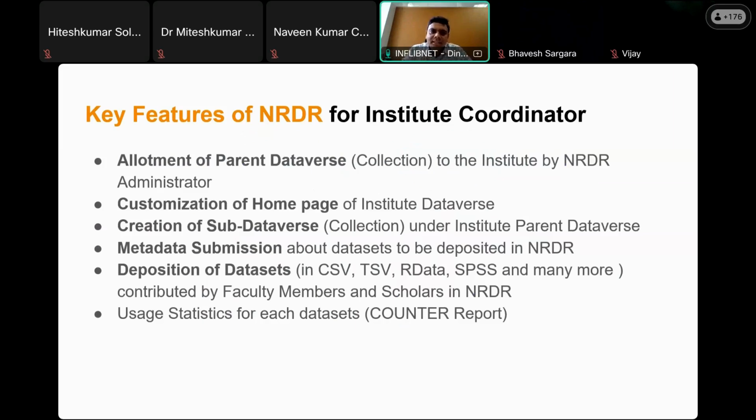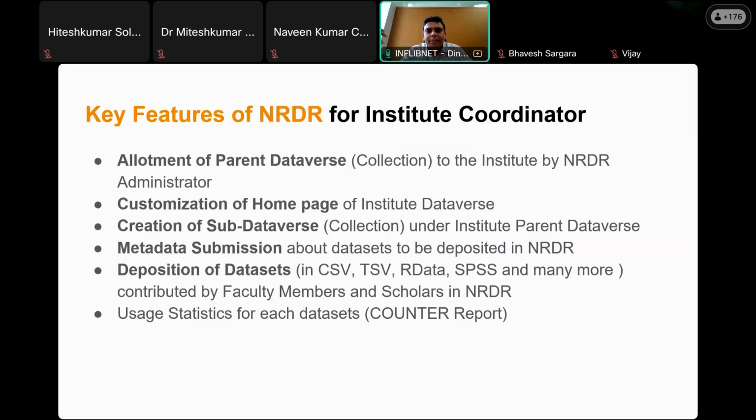Individual institutions will be the administrator for all those institution specific Dataverse, and even the institution specific Dataverse instance can be customized with their logo and CSS, all those kind of customizations.